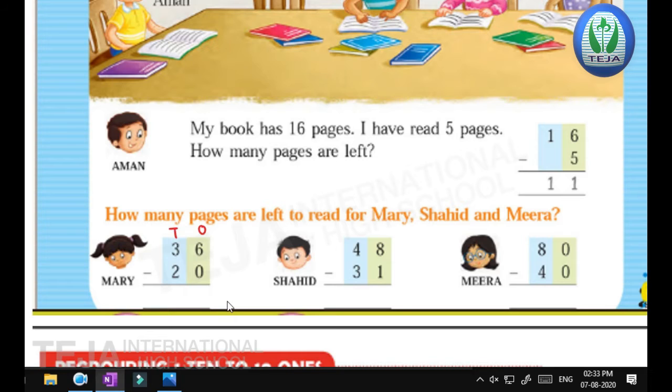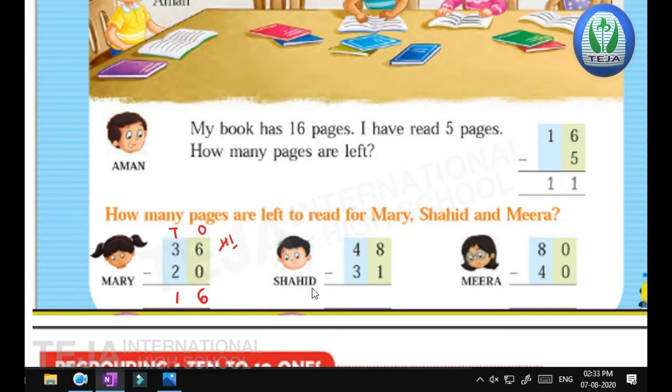Here in the ones place 6 is there and below it 0. So 6 minus 0 is 6, and 3 minus 2. 1, 2, 3. In that subtract 2. 1, 2. Strike it off. So how many are left over here? Only 1. So how many pages does Mary still have to read? 16 pages. Okay.